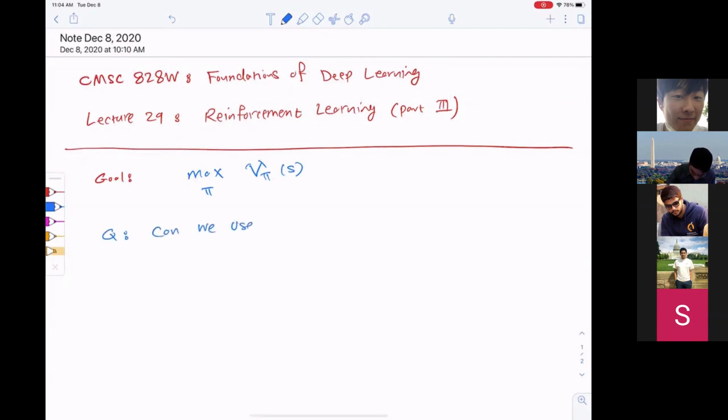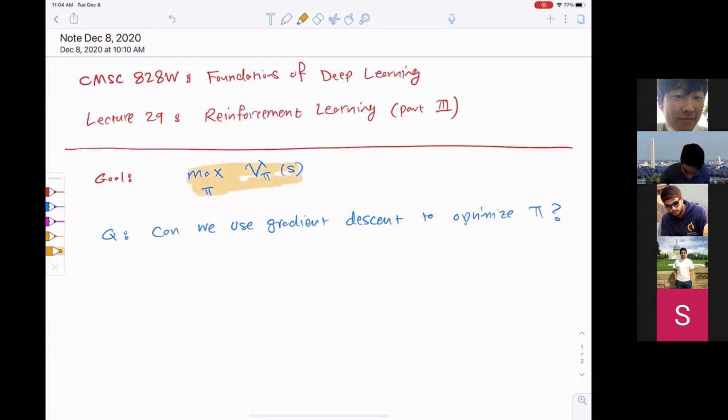Can we use gradient descent to optimize over pi? All right, what do you guys think? I have this optimization problem.